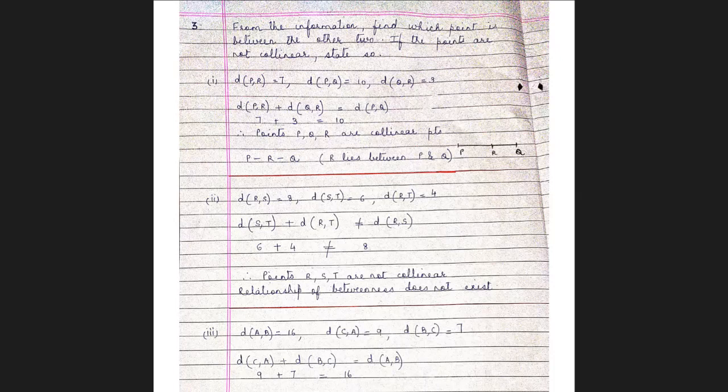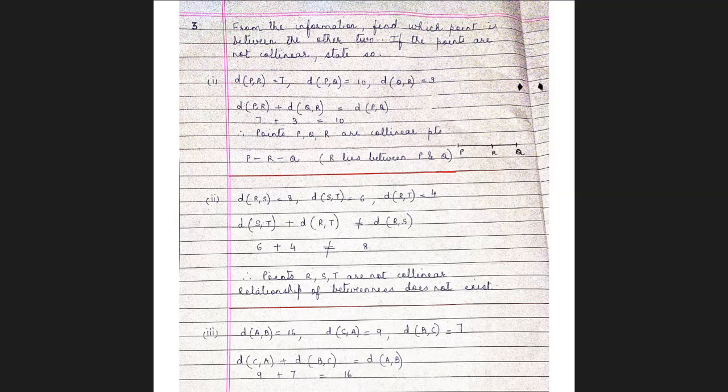Now, out of 7, 10 and 3, you have 7 and 3. When you add 7 plus 3, you get 10. So I'll write distance of PR plus distance of QR is equal to distance of PQ. That's 7 plus 3, which is equal to 10. Since it's coming equal, it means points P, Q, R are collinear points.